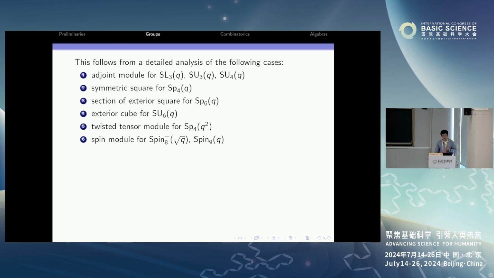So this is the intriguing part of such type of problems. There's no unified approach to all the cases. You need to go over all the cases one by one.